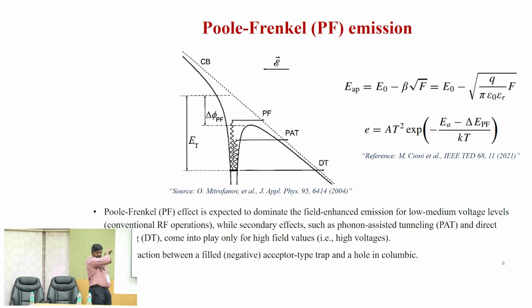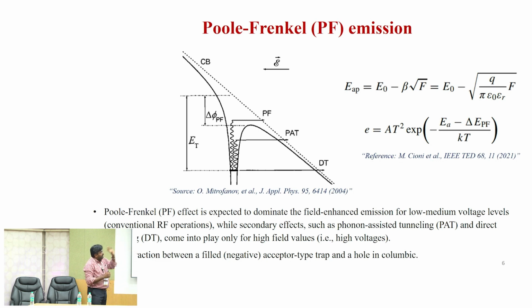It means that the electron drift should be opposite to the direction of the electric field. So because of this electric field, this barrier height, analogous to the Schottky barrier height, is reduced. So there is a reduction in the potential barrier, defined by delta phi. That is similar to the Schottky barrier lowering expression.